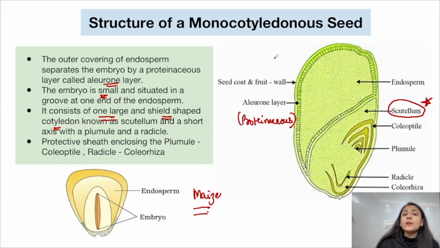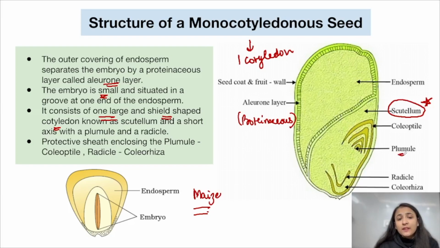Monocots, as the name suggests, comprise only one cotyledon. In the case of maize, this cotyledon is known as the scutellum. It is large and shield shaped, and it comprises a short axis that contains the plumule and radicle.